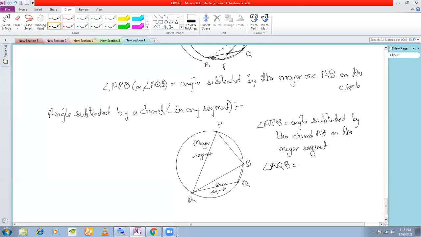So angle AQB is called the angle subtended by the chord AB in the minor segment. Clear the difference?